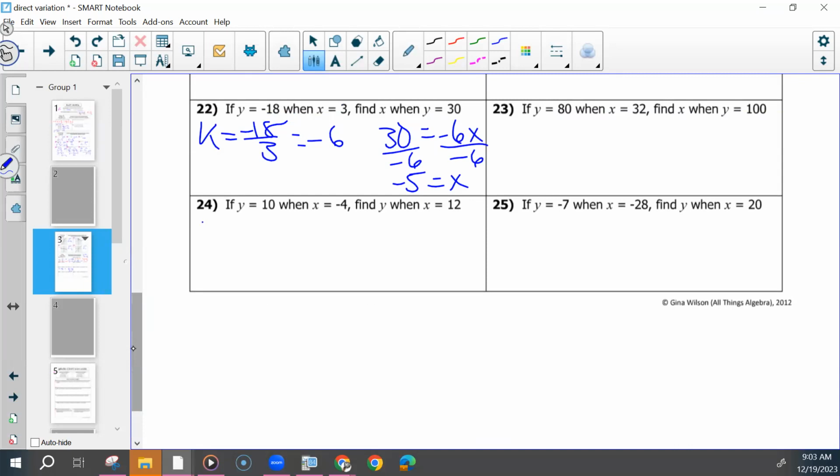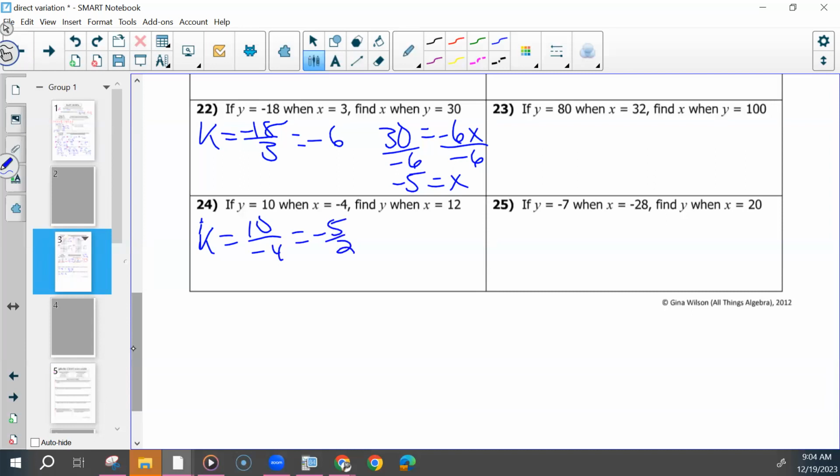Find k by doing what? 10 divided by -4. Simplify that, leave it as a fraction. -5/2.